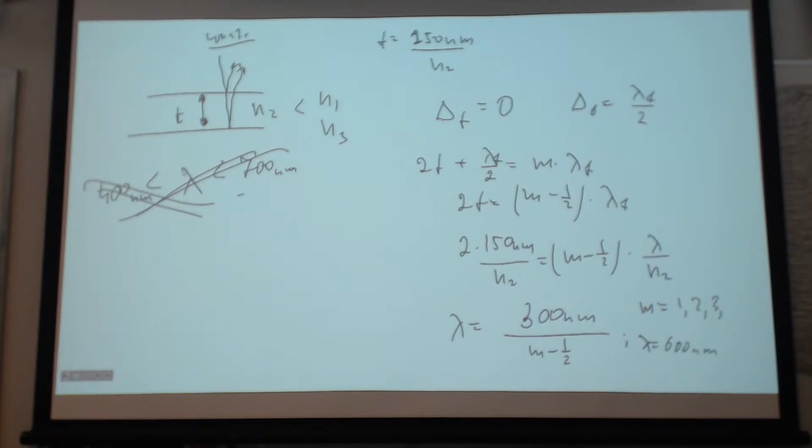Then for m equals 2, 2 minus a half equals 1.5, and 300 divided by 1.5 is 200 nanometers, right?